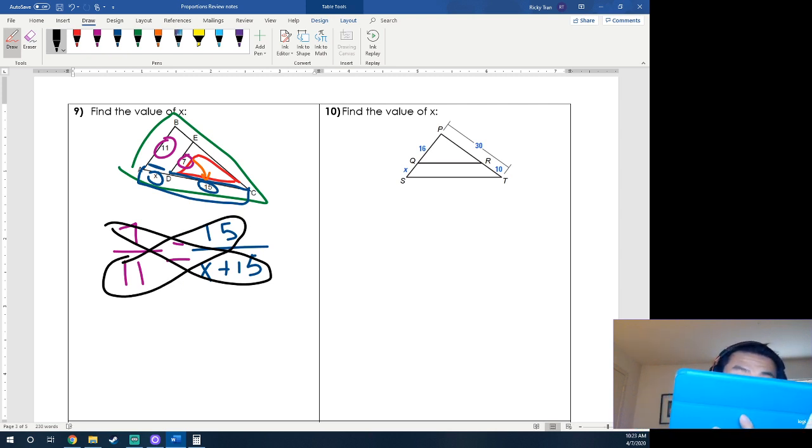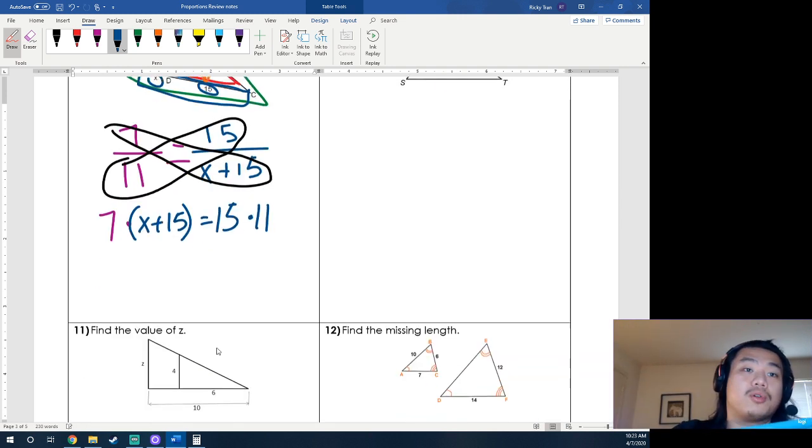Okay? So we have 7 times, I'm going to put this in parentheses, x plus 15 is equal to 15 times 11. Okay, I need more room.